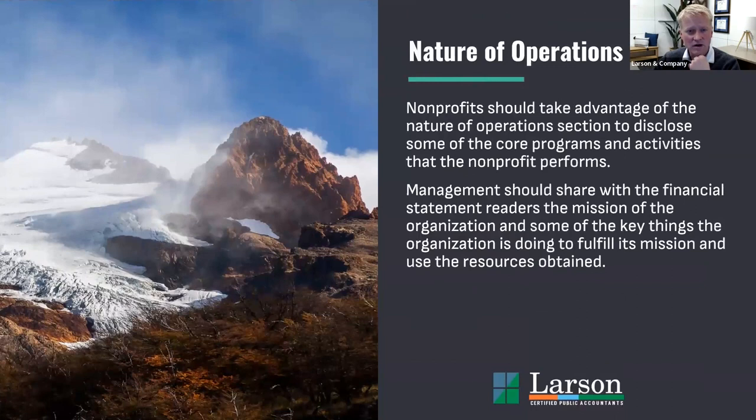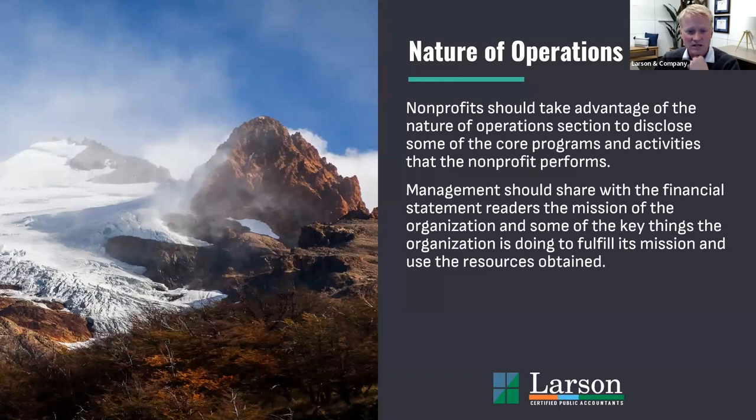So the nature of operations, there's a nature of operations section that is typically at the beginning of the footnotes. And we like to recommend that nonprofits take advantage of this section to disclose some of the core programs and activities that the nonprofit performs.